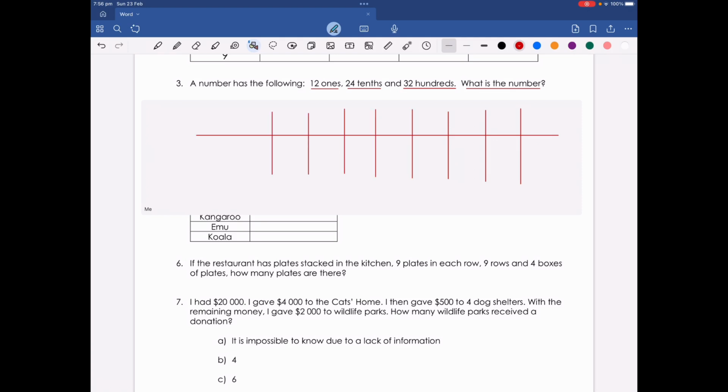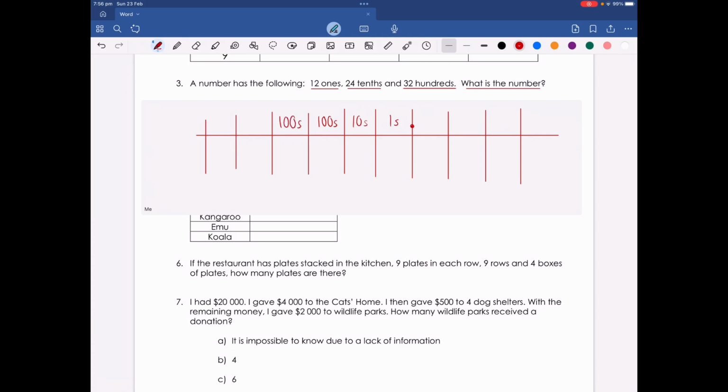Makes it so easy. Alright, now let's fill in our values. So let's say our decimal is here. So this is our ones column, our tens column, our hundreds column, our thousands column.